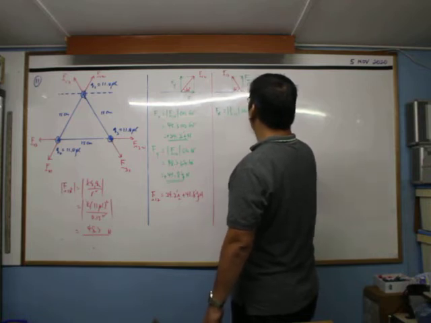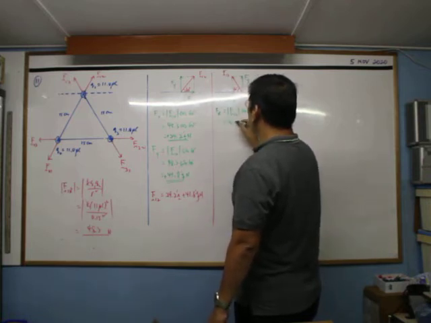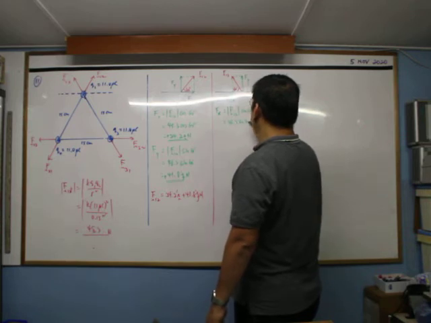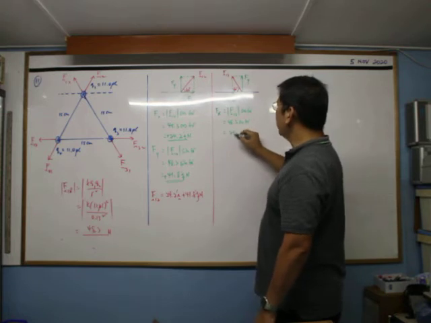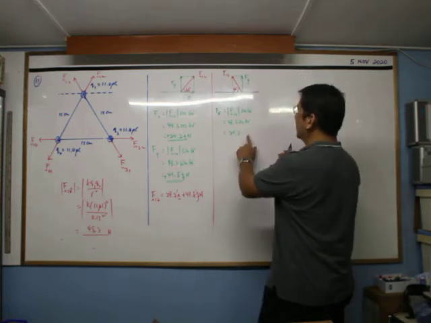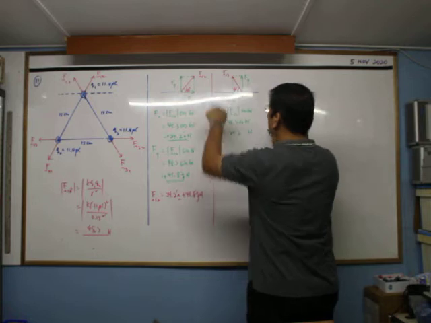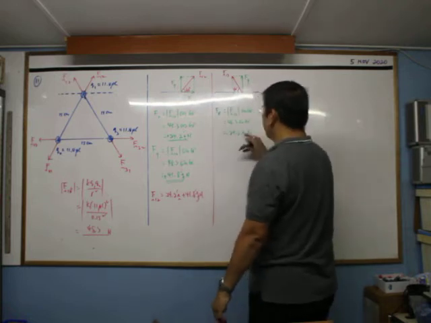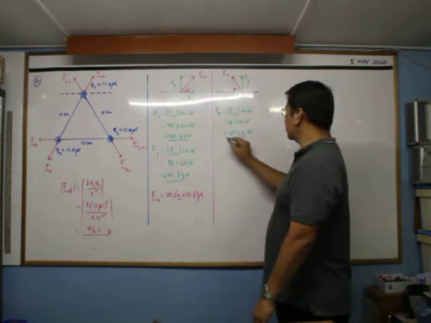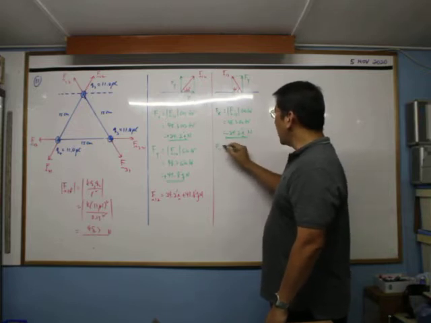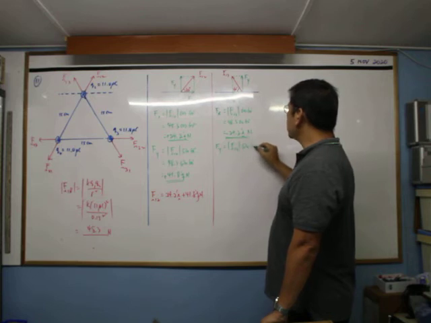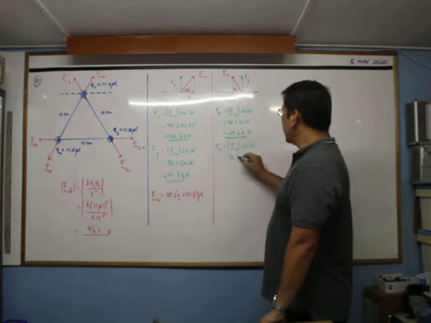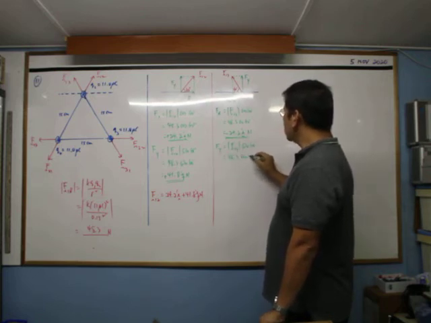Our Fx is F13 cosine 60, which is also 48.3 cosine 60. So we're going to see that this one is going to be the same, 24.2, except that this one is pointing to the left hand side, so you have a negative I. And then your Fy will be the magnitude and sine 60, also 48.3 sine 60.